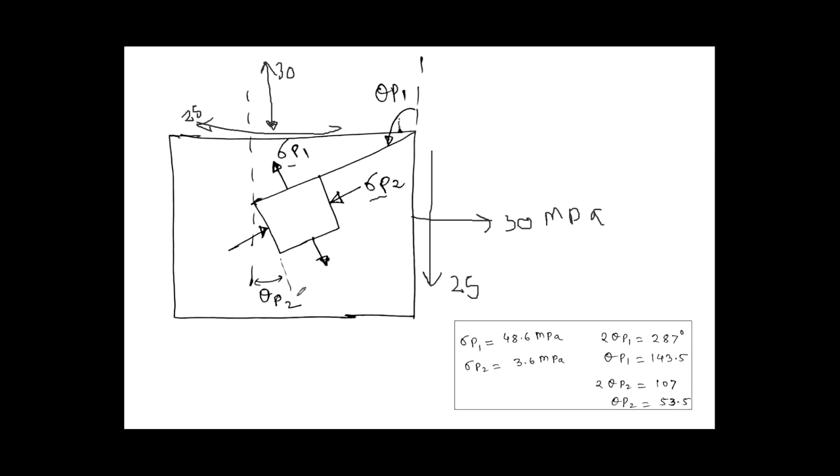Because these two are separated by 90 degrees, 143 and 53.5, it is negative. Compressive value is negative. Sigma p2 is a negative value, minus 33.6 and 46.6 megapascal.